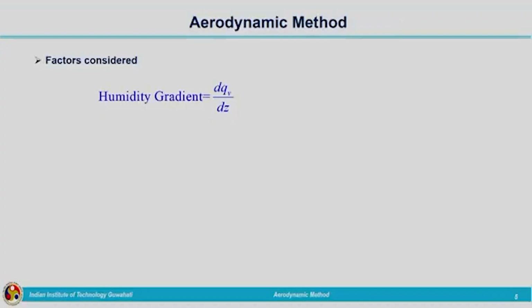And in the aerodynamic method, we have already mentioned the factors considered are the humidity gradient. So, what is the notation used for humidity? That is qv. When it comes to humidity gradient, as there are two different altitudes, what is the difference in humidity with respect to difference in altitude? That can be represented by dqv divided by dz.